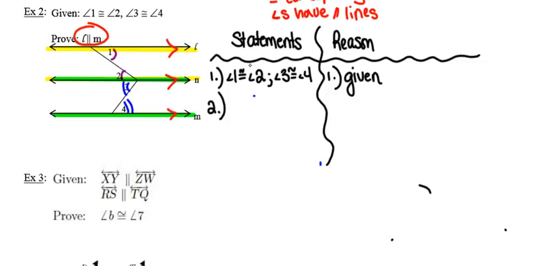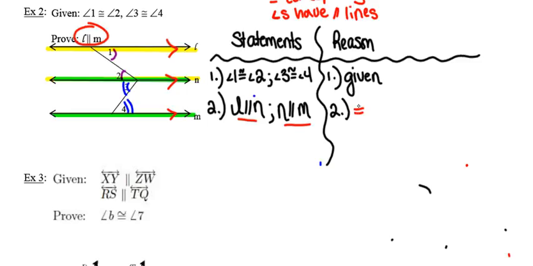Now, because angle 1 is congruent to angle 2, that tells me that line L is parallel to line N. And likewise, because angle 3 is congruent to angle 4, I know also that line N is parallel to line M. And again, because these two statements are true for the same reason, using the fact that those alternate interior angles are congruent, I can go ahead and put them together in the same statement in my proof.